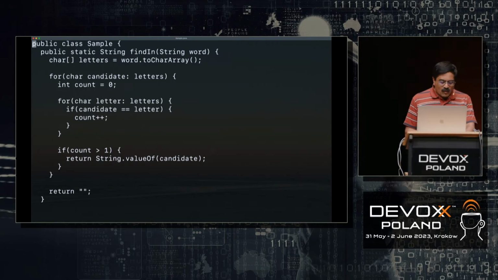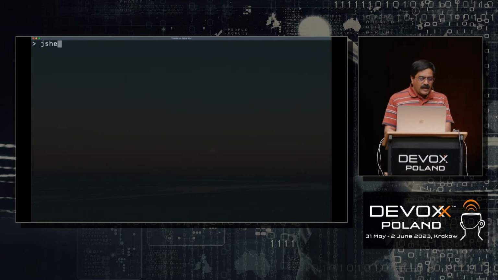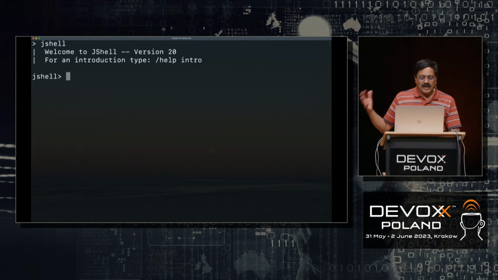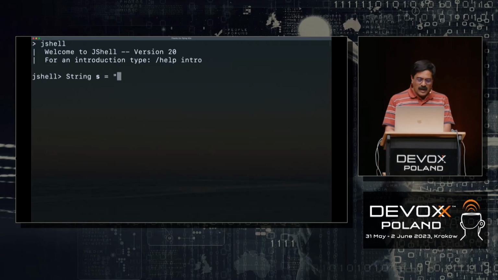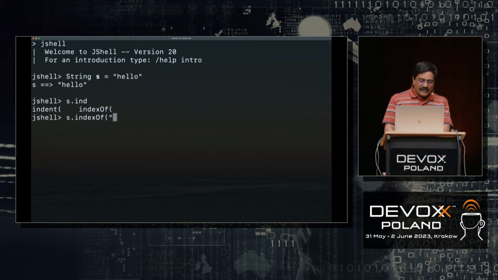So here is something I want to show you. What I typically do is bring up a JShell. You can do this in the command line, but you can also do this within your IDEs, where you can open a terminal and jump to a shell, if you will. So if I say String s = "hello", and I can say s.indexOf and ask the index of h, notice the index is 0 because that's the first letter.